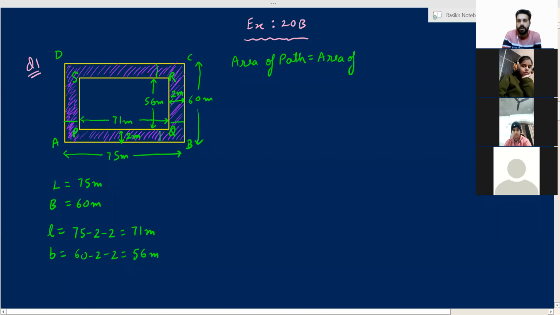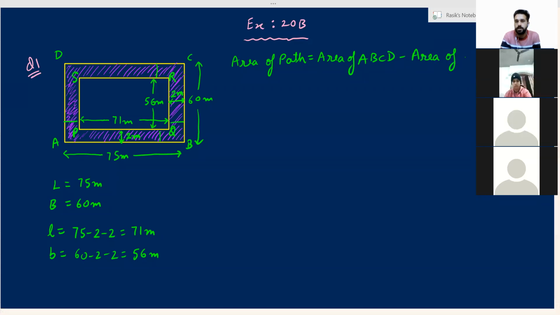So area of ABCD minus area of inner rectangle, which is PQRS. Are you all getting the point, everyone? To get the area of path, we will subtract the areas of both the rectangles. Is there any doubt in the concept?